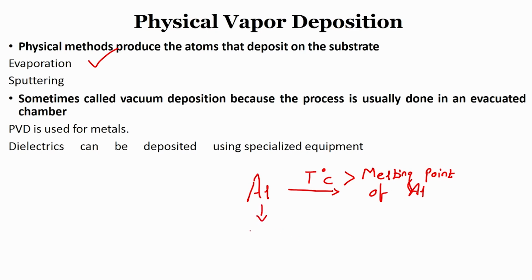Aluminum will first start melting, and if I still keep on increasing the temperature, then aluminum will start evaporating.